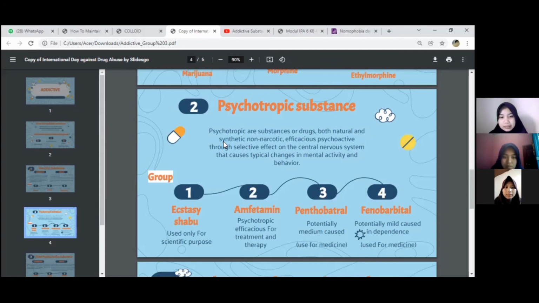The first group is ecstasy and sabu, used for scientific purposes only because they cause hard dependence. The second group is amphetamine, used for treatment and therapy. The third one is pentobarbital. It's for medicine because the dependence is medium. And the last one is phenobarbital, used in medicine.